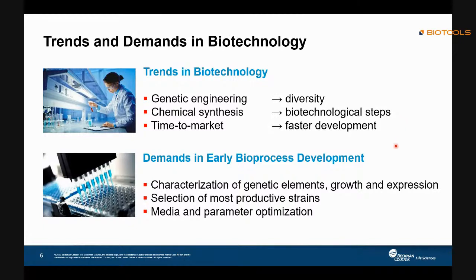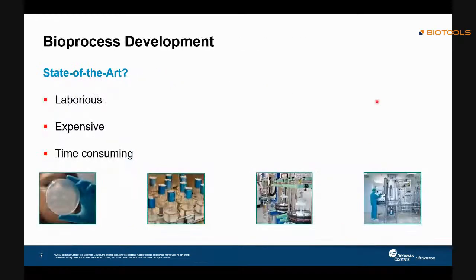Biotechnology is actually still in the development stage, so we also have a lot of early bioprocess development now, which will require much faster speed. So what is the situation now? I think a lot of you are already doing this kind of fermentation or reactions for drugs or microbiome work.